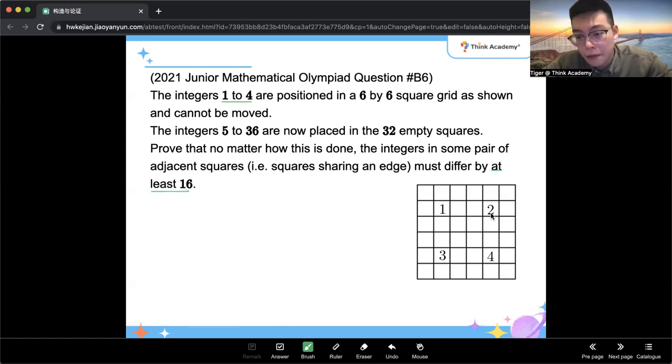So that's pretty easy. We just need to analyze these 16 boxes.